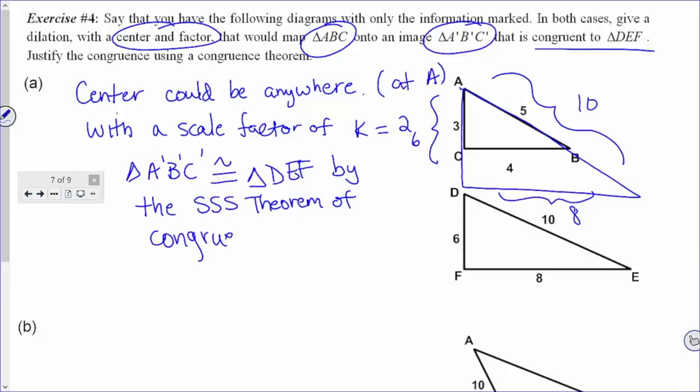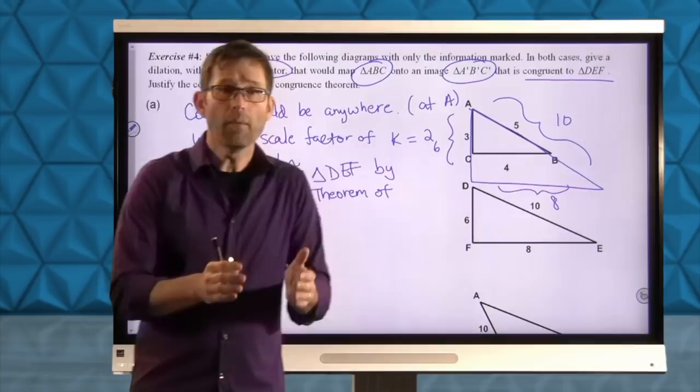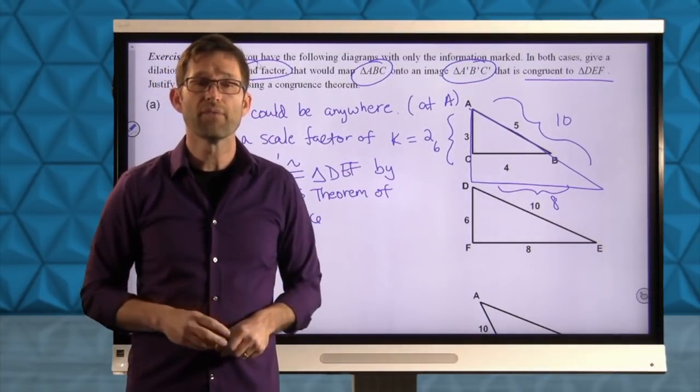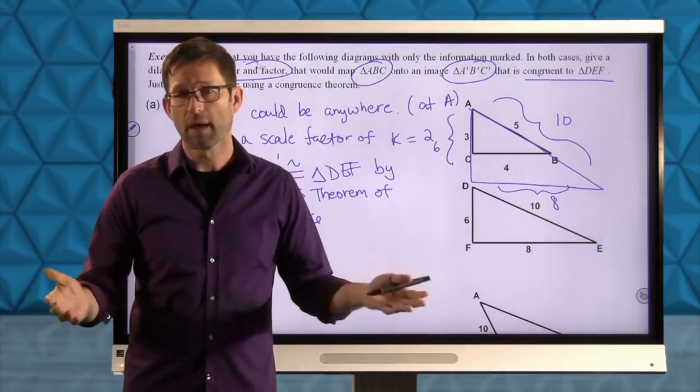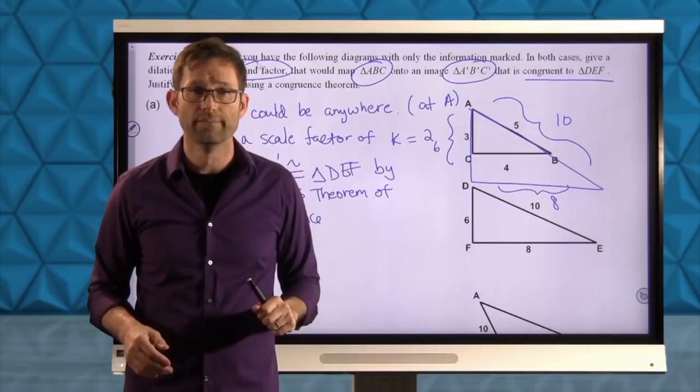All right? So the side-side-side theorem for similarity comes from the side-side-side theorem for congruence, along with the definition of similarity being that, all right, we got a dilation that turns this triangle into one that's congruent to that triangle.